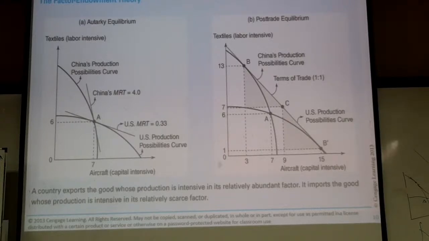In the United States, in China, in Malaysia, in Korea, Burkina Faso, in Chile, in Argentina, in Morocco, in Qatar, anywhere will be the same. The relative price, which is governed by this TOT, terms of trade, 1-to-1. Previously, before trade, aircraft was very expensive in China, cheaper in United States.